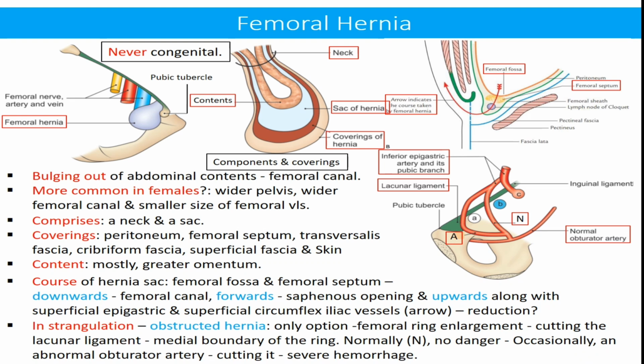Occasionally, abnormal obturator artery replaces the pubic branch of the inferior epigastric artery, and usually it passes lateral to the femoral hernia, but occasionally it may pass medial to the femoral hernia lying above the lacunar ligament.